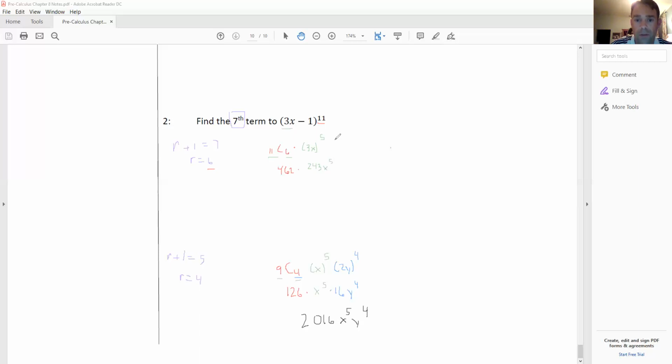And then our last term, negative 1. And that's going to go to whatever the r value is, which is 6. So that's going to be 1. And multiply it all the way out, we end up with 112,000. Could you imagine doing that many generic rectangles to figure this out? Holy wow, that would take forever. 266 x to the 5th.